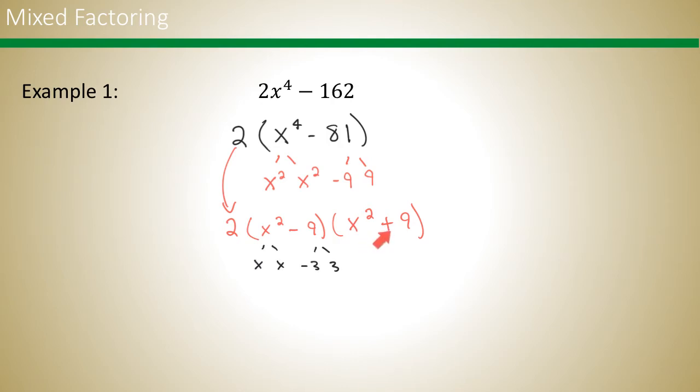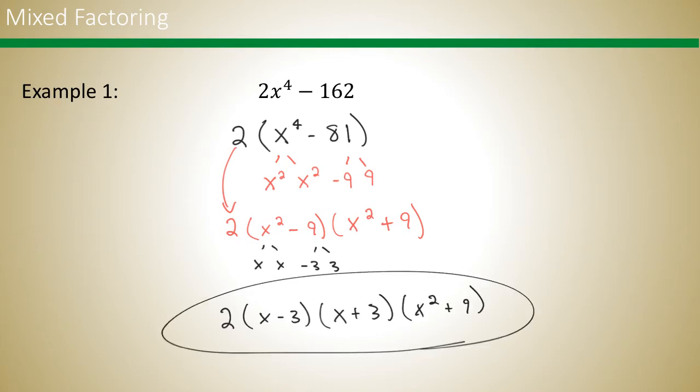This one is not a difference of squares because we're adding, so that's going to have to stay. I cannot break that down. So here are our factors in the end: 2 times x minus 3 times x plus 3, and then bring the x squared plus 9 down. So there are the factors of this.